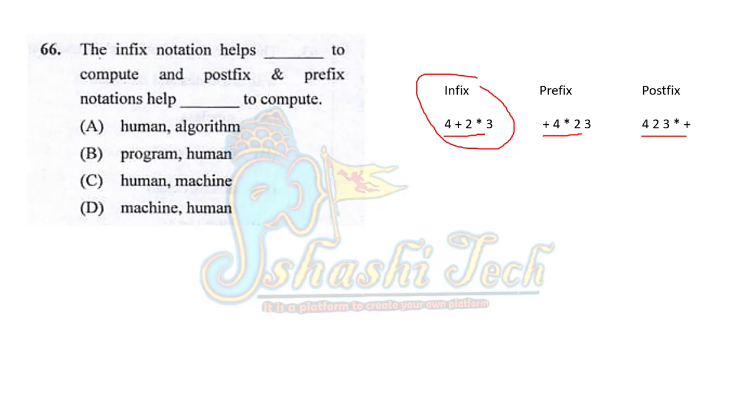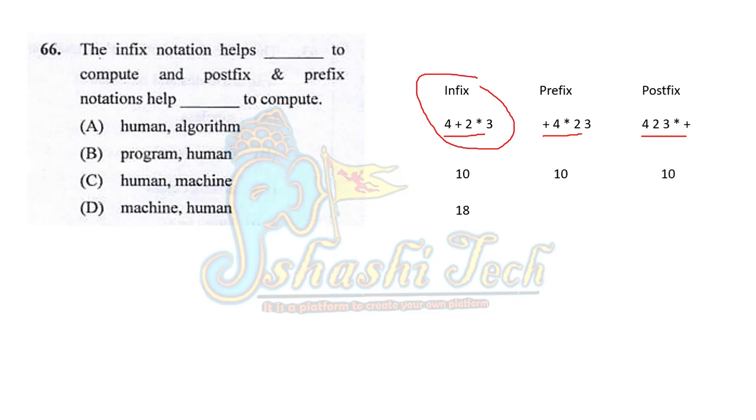If I ask you the result of the infix expression, you are going to tell 10. If I ask the same question to the computer, it is going to tell 18. How? If you want to know, please watch one more video that I made for infix, prefix and postfix expressions. If I give this prefix expression to the computer, it is going to tell 10.